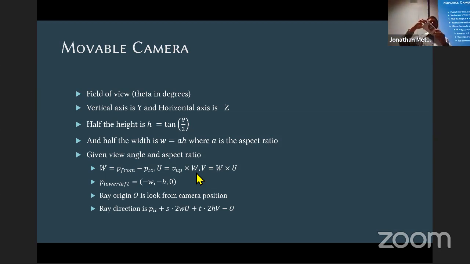So if I were to take the cross product of this vector going up and the direction that this is going, then we get an x-axis that is perpendicular to our view axis. Last step is now we need to actually get our vertical axis. And so we get that by taking our W matrix, so that's forward, and our X, and now we have an actual orthogonal system for the camera.